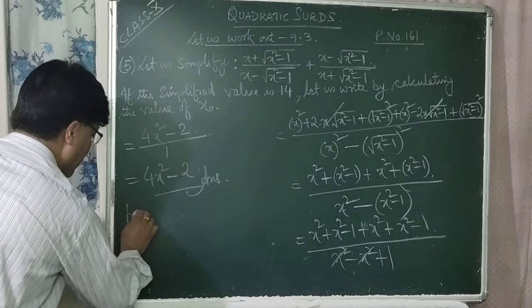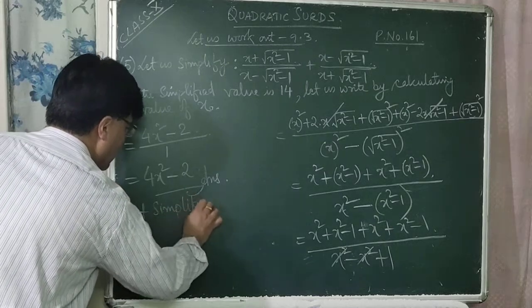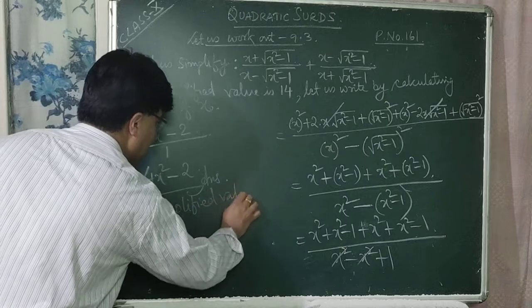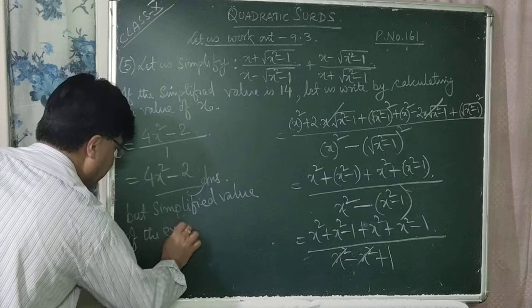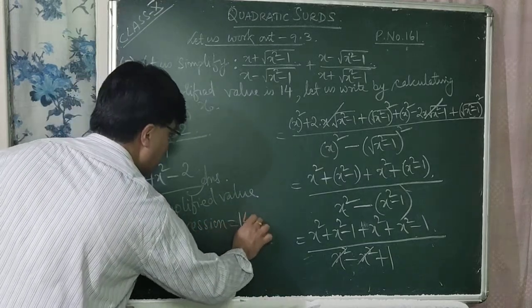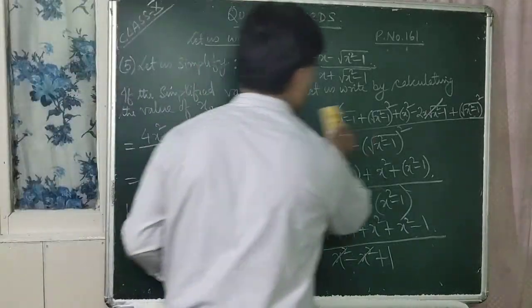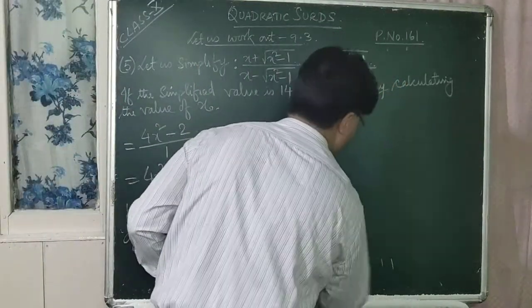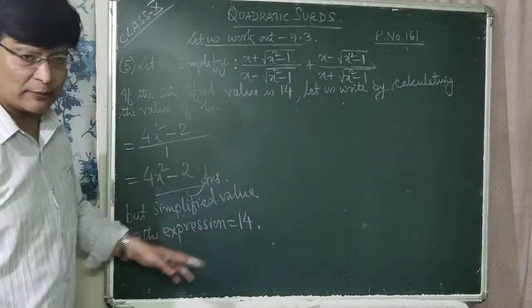You can write the simplified value of the expression is equal to what? It is 14, right? So now what will you do? You can equate these two. 4x square minus 2 is equal to 14.